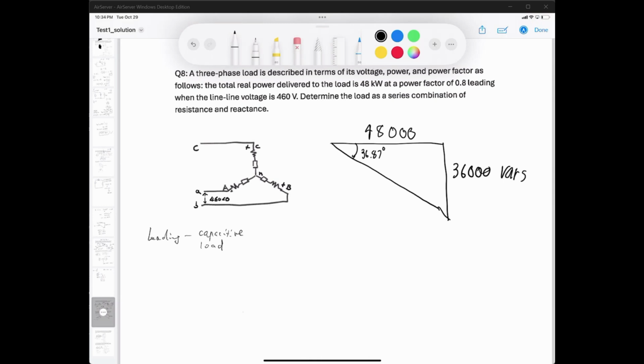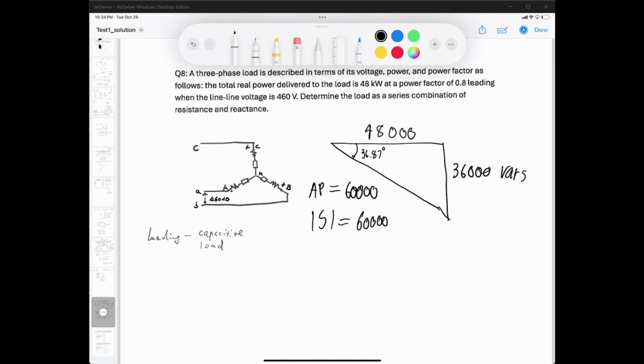If we take the Pythagorean theorem, 48,000 squared plus 36,000 squared, and take the square root of that number, we'll get 60,000. This is equal to the apparent power, or we call it S, the magnitude.